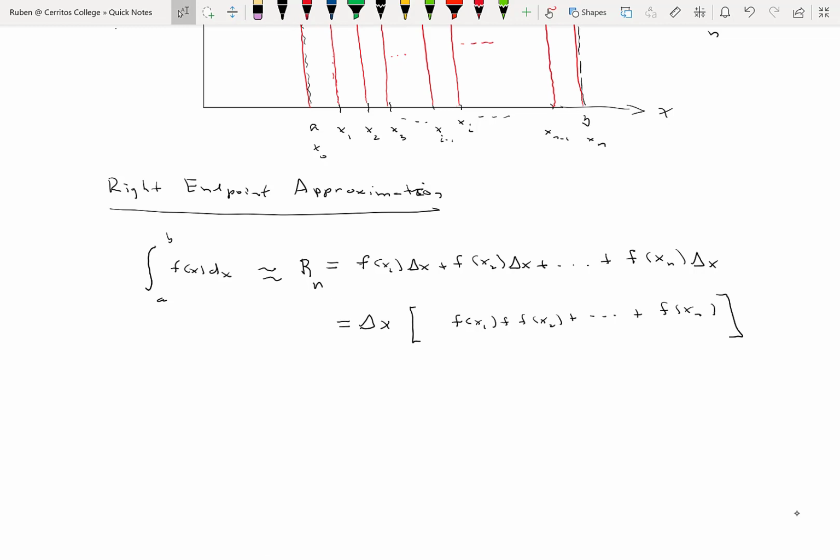The second formula, which is also one that we're not going to use, and I kind of indicated why, but I want to come back to that in a minute, is called a left endpoint approximation.